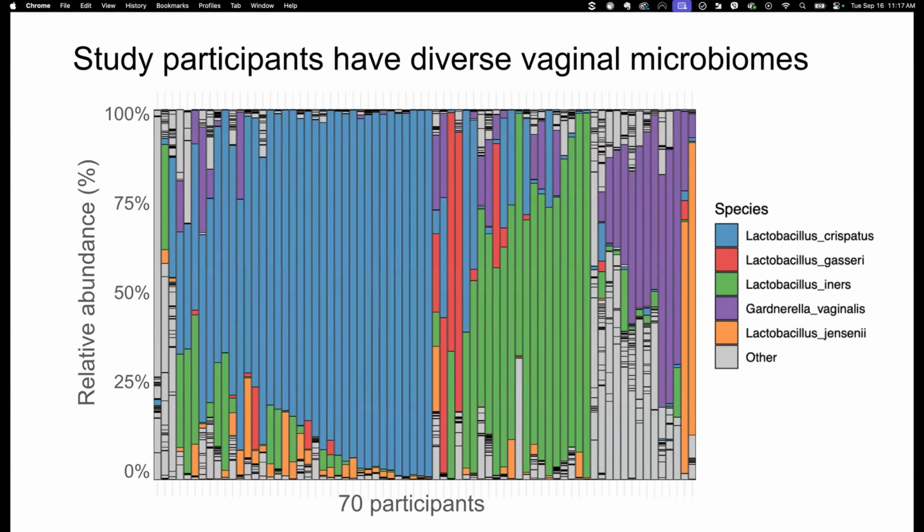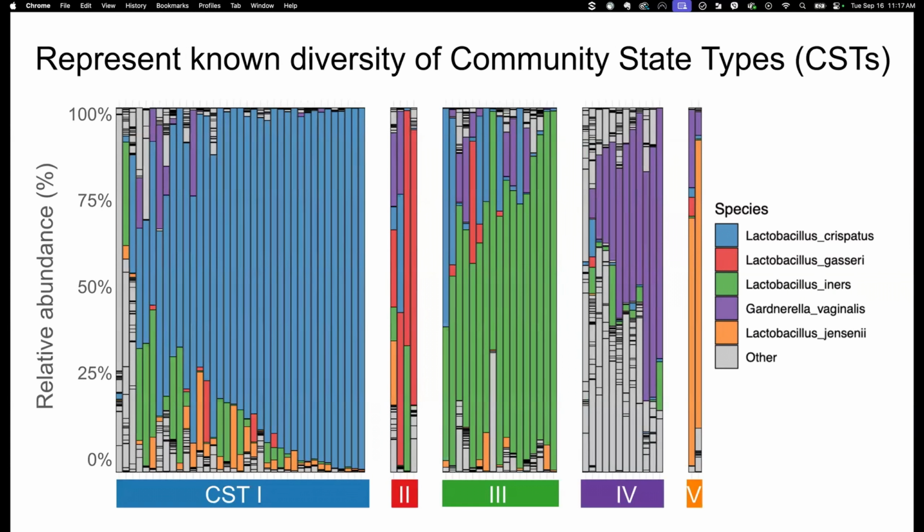If we look at these profiles through the lens of something called community state types, which is a common method for the vaginal microbiome field, we can see that our individuals represented the 5 known state types at roughly the abundances we would expect in normal populations. So great. But of course, we wanted to know if these state types mattered in terms of rUTI susceptibility.